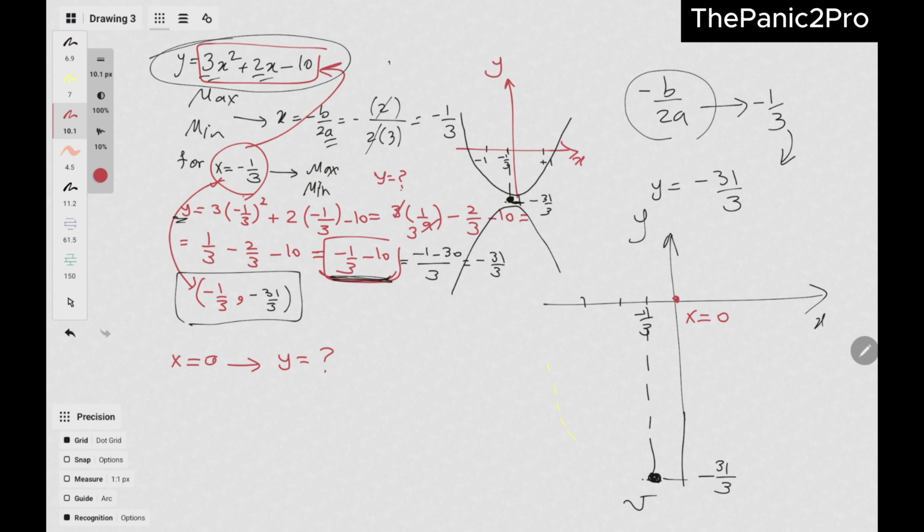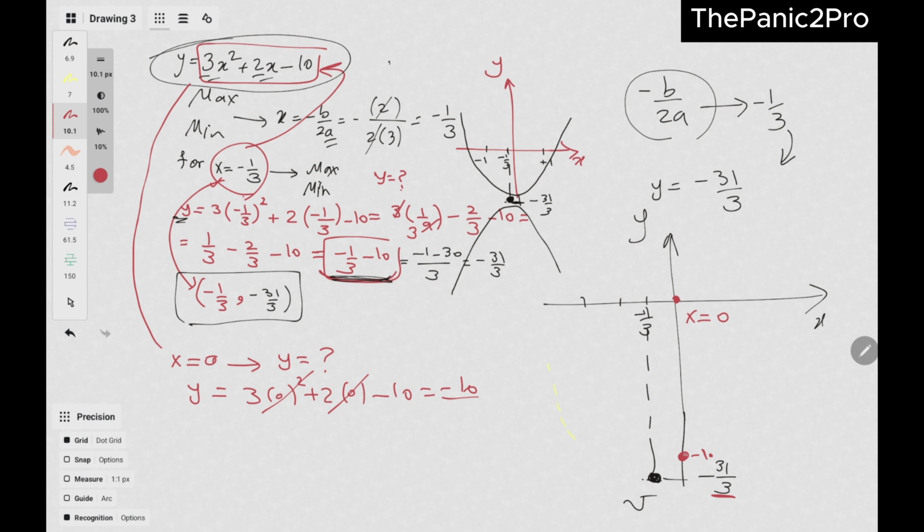I will plug that into this equation again. So y is 3 times 0 squared plus 2 times 0 minus 10. This is 0, this is 0, it's going to be minus 10. And for x equals 0, my y is minus 10. And minus 10 is a little bit less than minus 31 over 3. So this is another point.